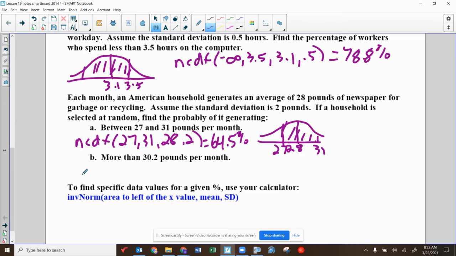All right, more than 30. The mean is 28, and it's more than 30.2, I should say, I think it's a 30. So normal CDF 30.2, infinity, 28, 2.